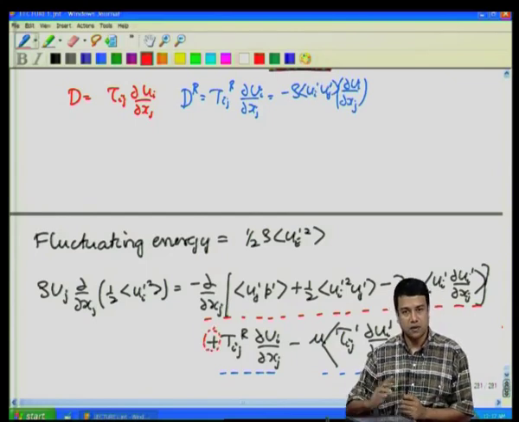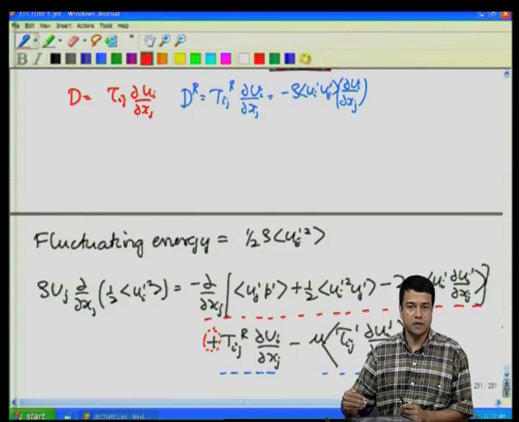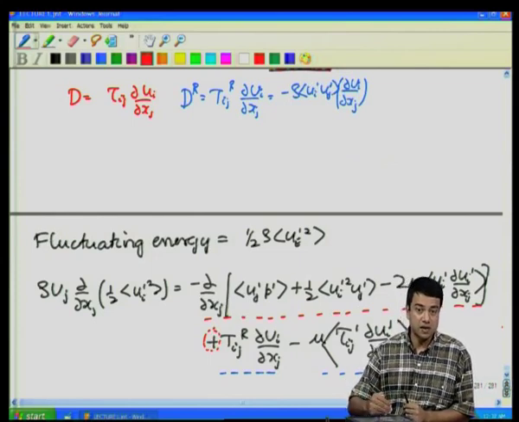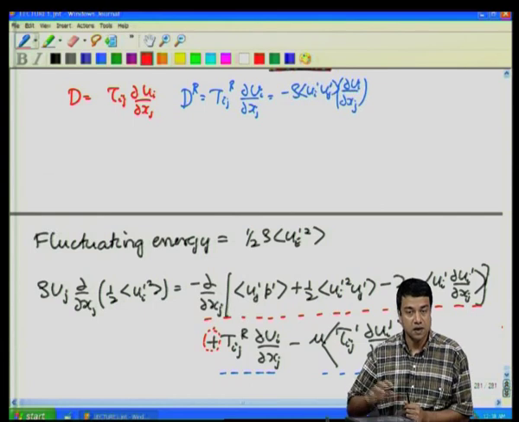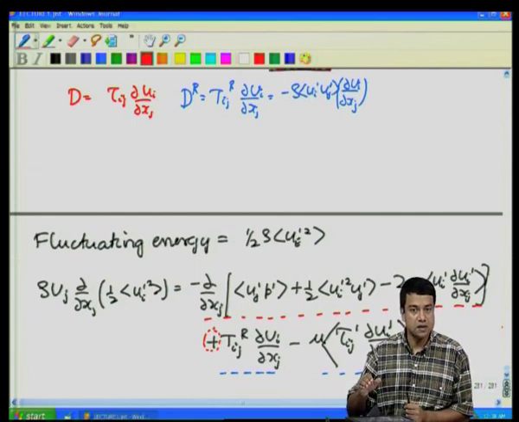So, whatever energy is being removed from the mean flow is going into increasing the kinetic energy of velocity fluctuations. So, the Reynolds stress dotted with the mean velocity gradient acts as a mechanism for the transfer of energy from the mean flow to the fluctuations.